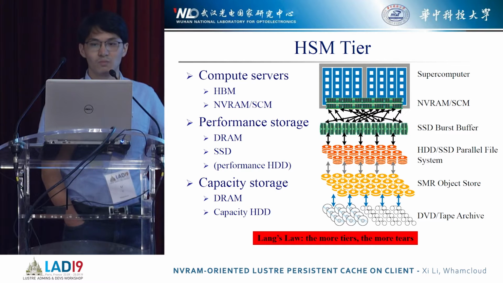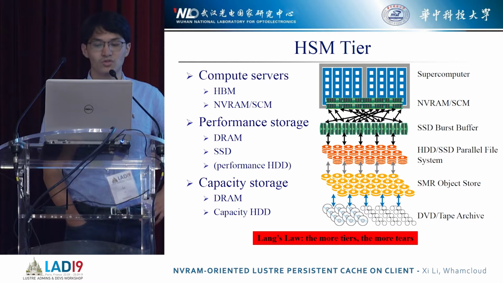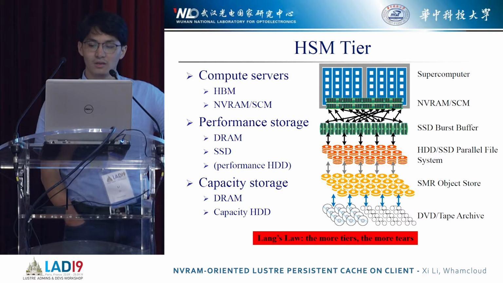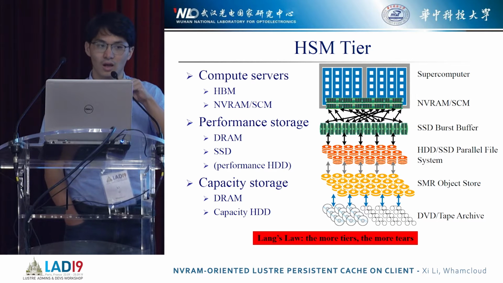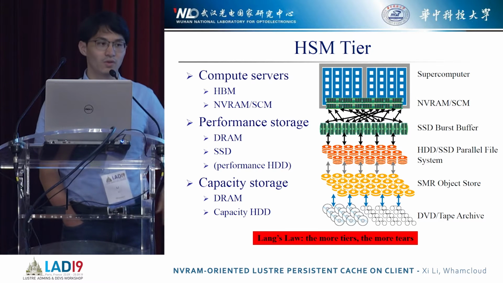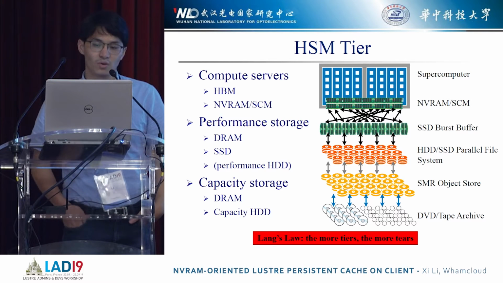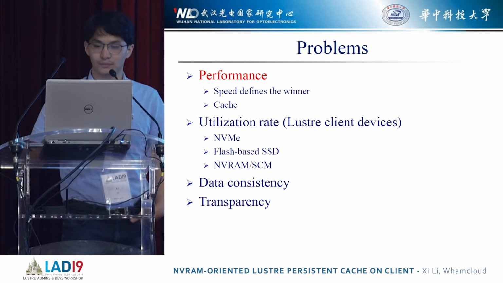Usually people call that a burst buffer, and of course we will use Lustre or other file systems as the parallel file system or the major storage, and below that we will use object storage or tape or DVD for archive. So as we can see, there are multiple storage tiers.